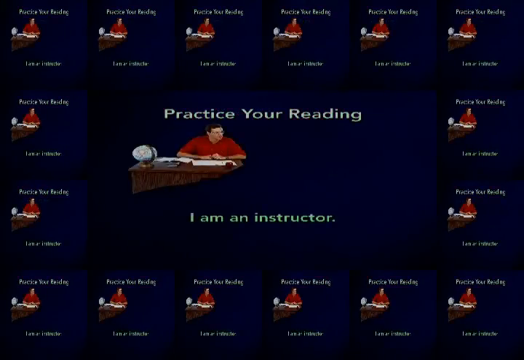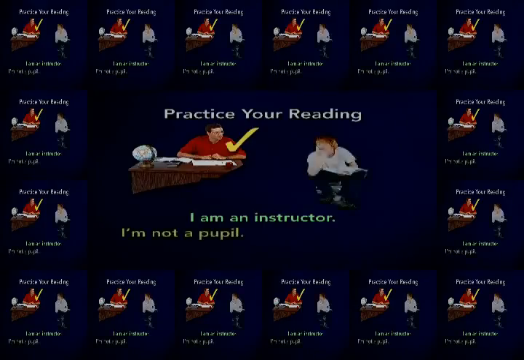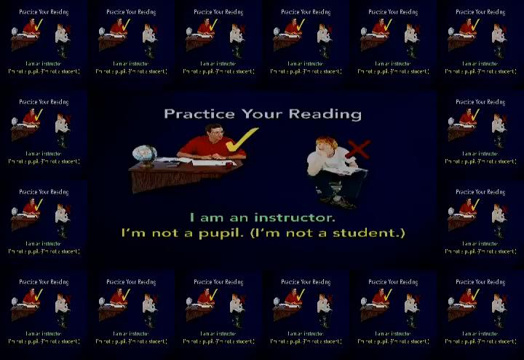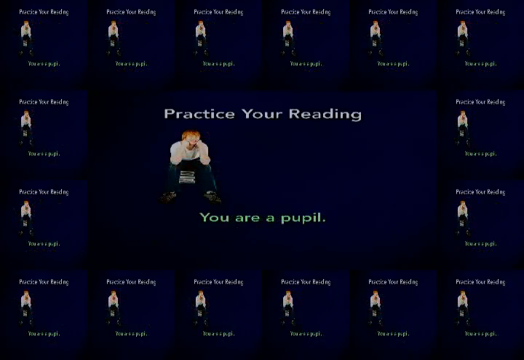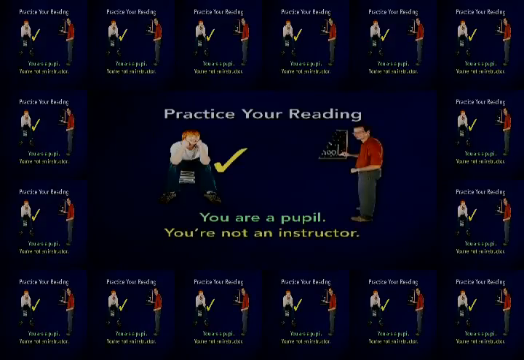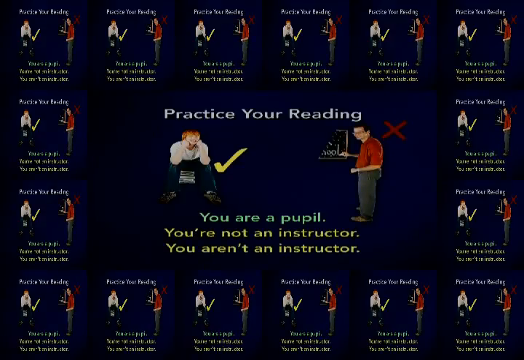Here are some more examples. I am an instructor. I'm not a pupil. I'm not a student. You are a pupil. You're not an instructor, or you aren't an instructor.